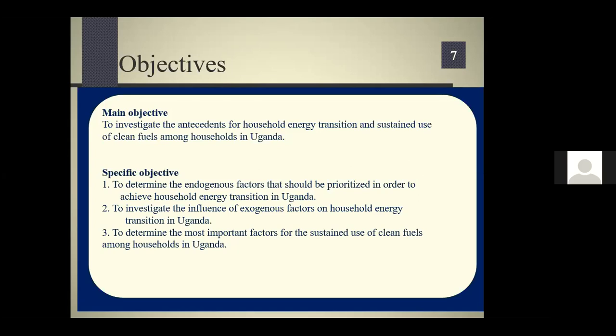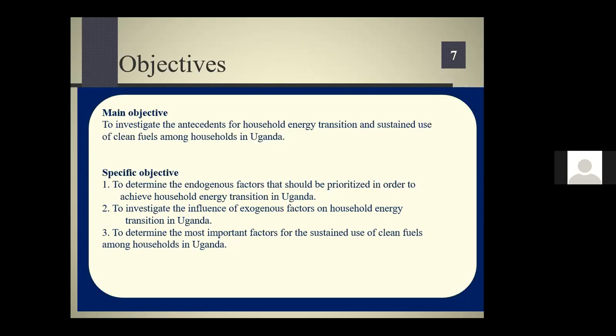Now, when we came to specific objectives, the focus here was that within the household, we have those factors that are referred to as endogenous factors. We have those factors within the household that influence household decisions. So objective number 1 that I thought of was, what are these factors? We want to determine the endogenous factors that should be prioritized in order to achieve household energy transition.